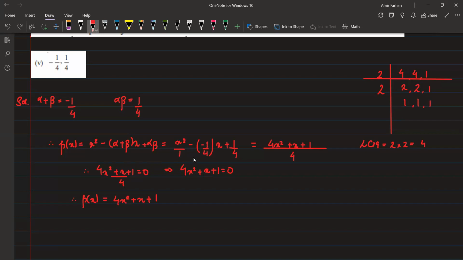So 4 into the numerator is 4x square. And 4 divided by 4 is 1, and 1 into x will be nothing but x. And 4 divided by 4 again is 1 into 1, so it will be 1.